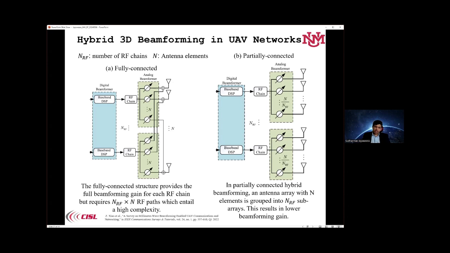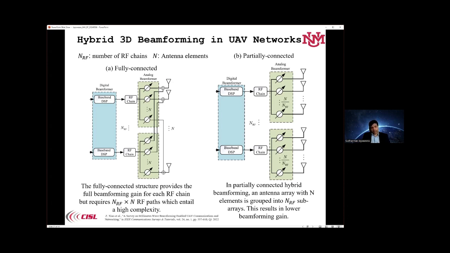That is, the output from each of the RF chains you're going to feed into the full antenna array N, which is going to do analog beamforming. In this case, however, the disadvantage is that you're going to have N RF times N parts that you need to have in your circuit, which increases the circuit complexity.